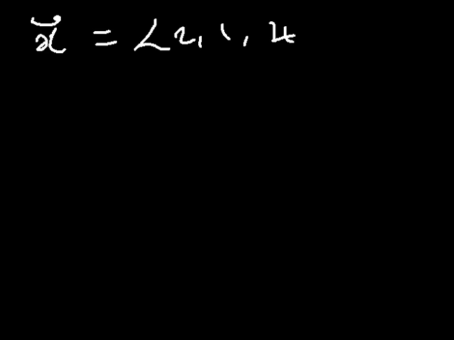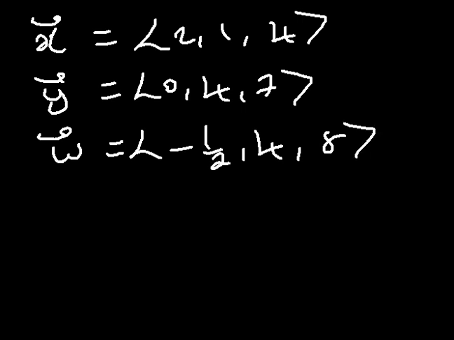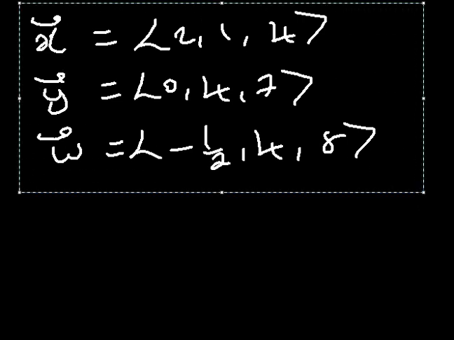Let's say we have vector x, given as 2, 1, 4, and vector y, given as 0, 4, 7, and let's say we have vector w, given as half, 4, 8. So what is the scalar triple product of these vectors? Try those in your own time.